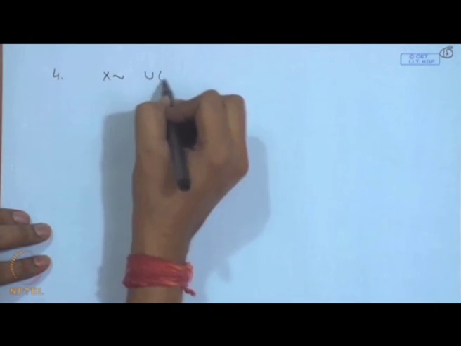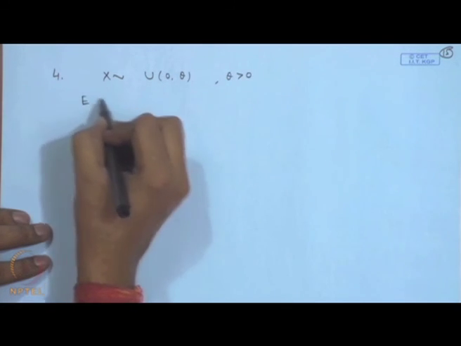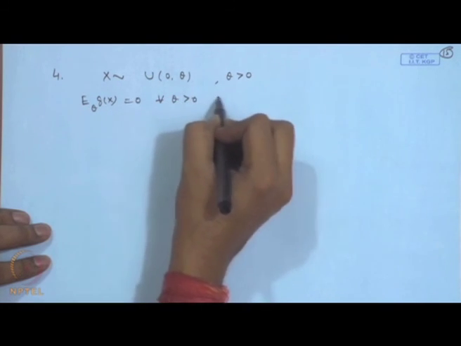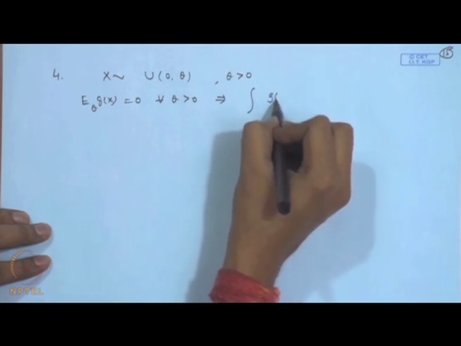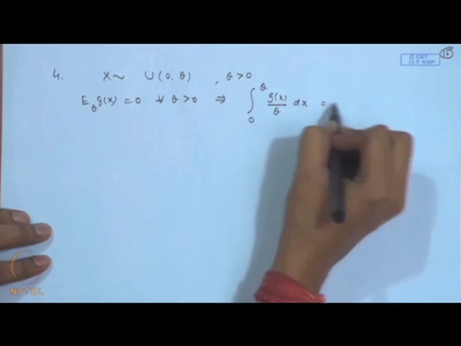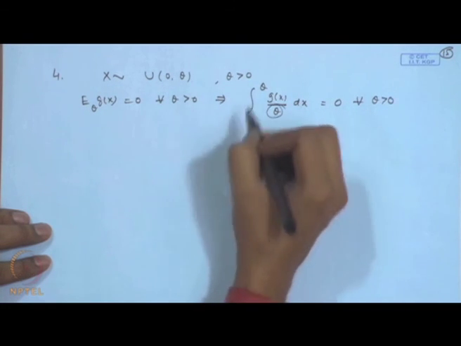Let us consider X following uniform(0, theta). Expectation of g(X) is equal to 0 for all theta. This is equivalent to the statement that the integral of g(x) / theta dx from 0 to theta is equal to 0. Now, this term I can adjust here.